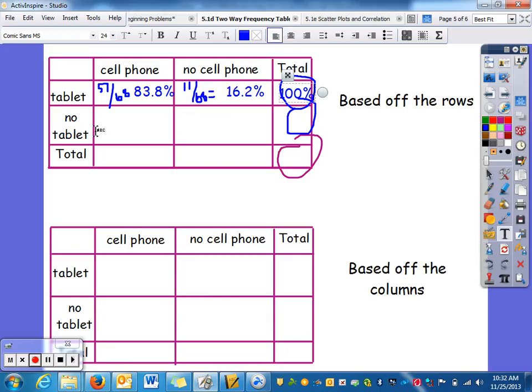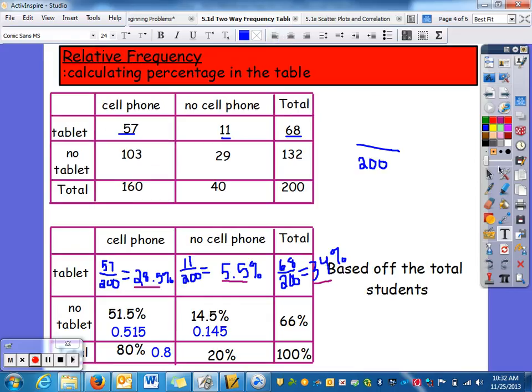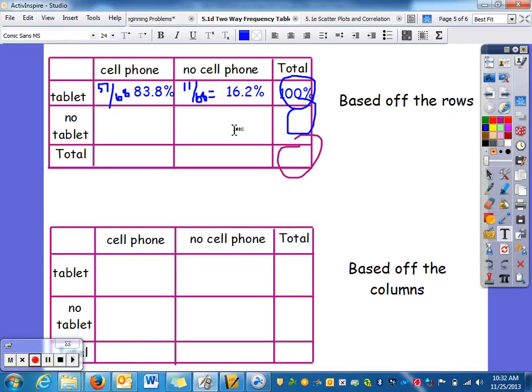And then similarly, I do it in the next row, so we have 103, and then we have 132. So we go 103 divided by 132, and we get 78.0%.